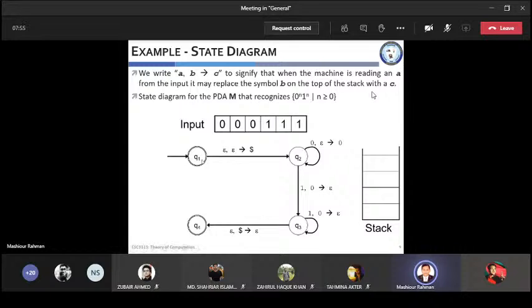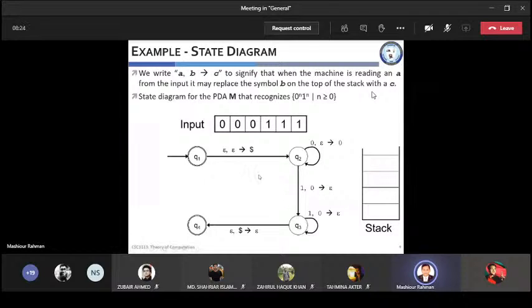For example, if you consider the Q1 to Q2 transition, Q1 is the current state, and the epsilon before the comma represents the current input symbol. Then the second epsilon represents what we want to pop. Then the dollar symbol is what we want to push, and Q2 is the next state where we are moving towards.